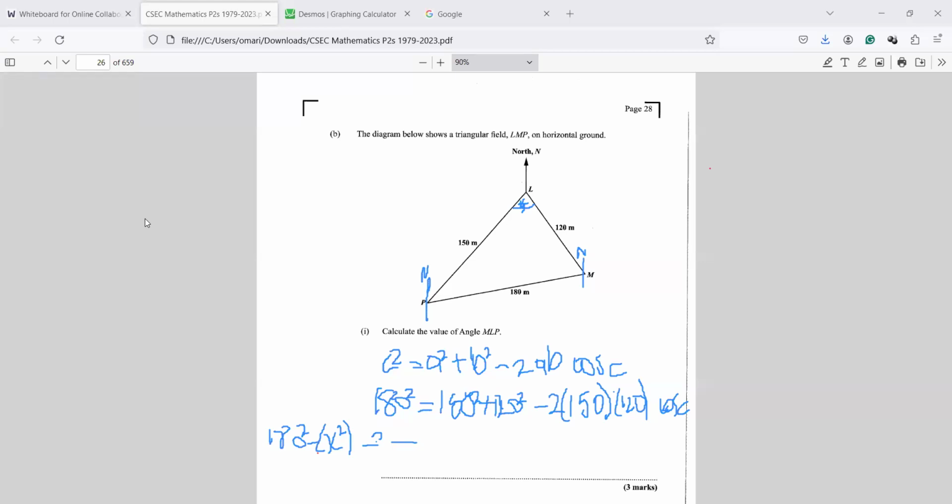Remember, this is a negative sign. So even though we would have removed this portion before it, the negative sign still remains. So it would be minus whatever this value is, 36,000 cos C.